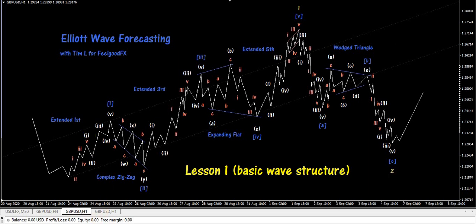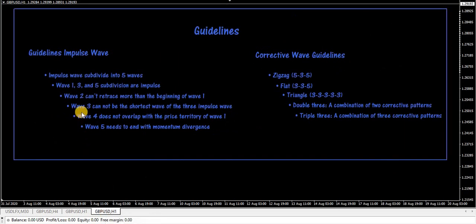There is a rule that says wave 3 cannot be the shortest wave of the 3 impulse waves. Guys, this rule is one of the strongest rules that you need to apply all the time.